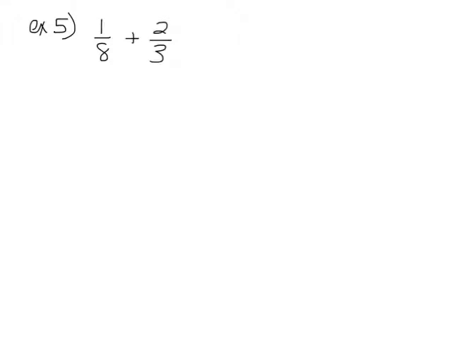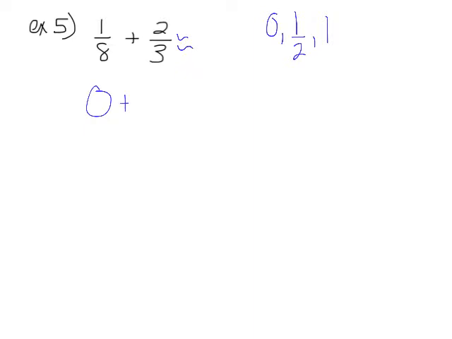When we estimate with fractions instead of mixed numbers, I'm going to round to either 0, 1/2, or 1. Those are my 3 options to round to. And it becomes easier with just fractions instead of mixed numbers. So when I look at 1/8, I'm going to determine if it's closer to 0, 1/2, or 1, and it's closer to 0, so I'm going to make that 0.